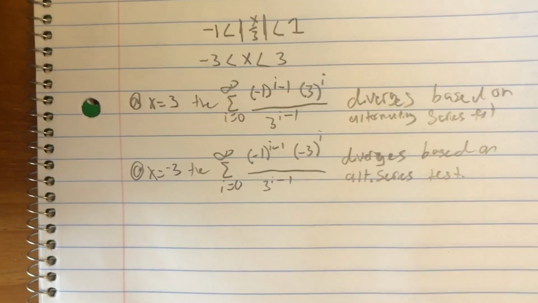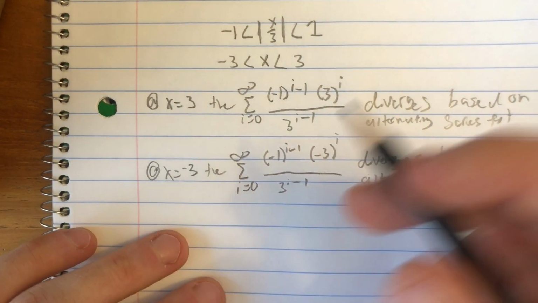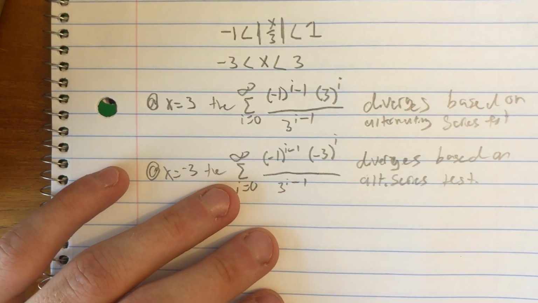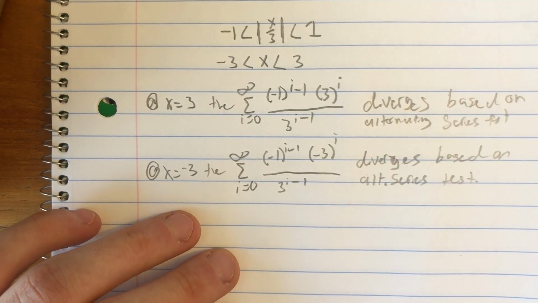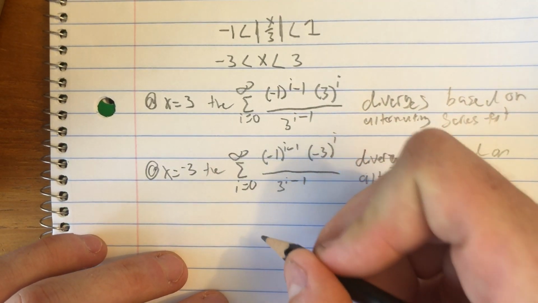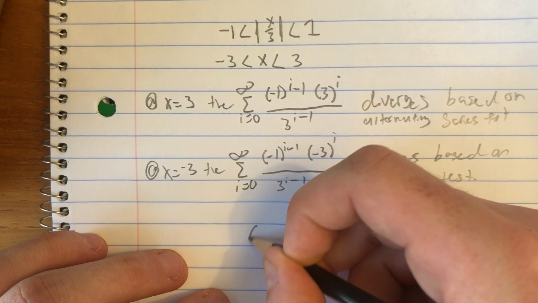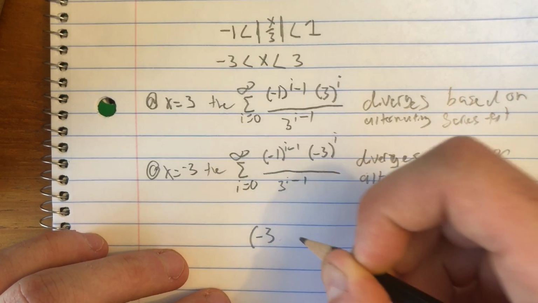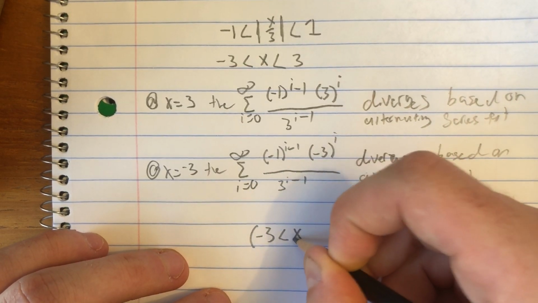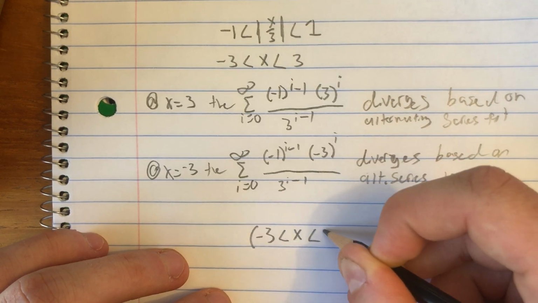So for what values of x is it convergent, the interval of convergence is from -3 to 3.